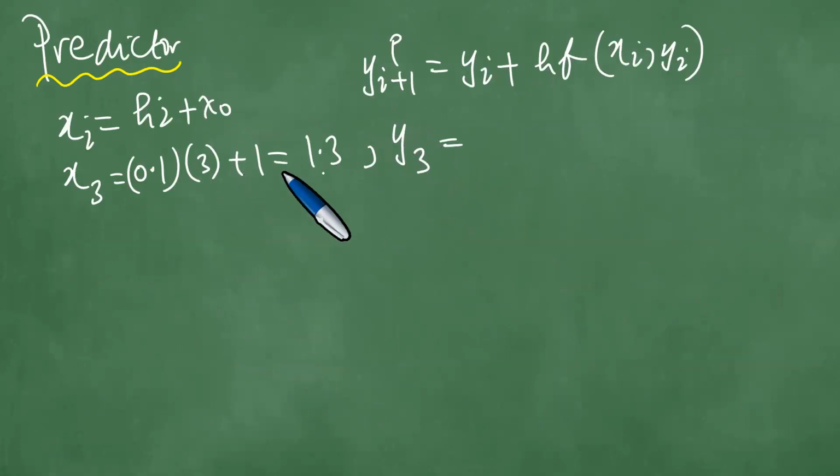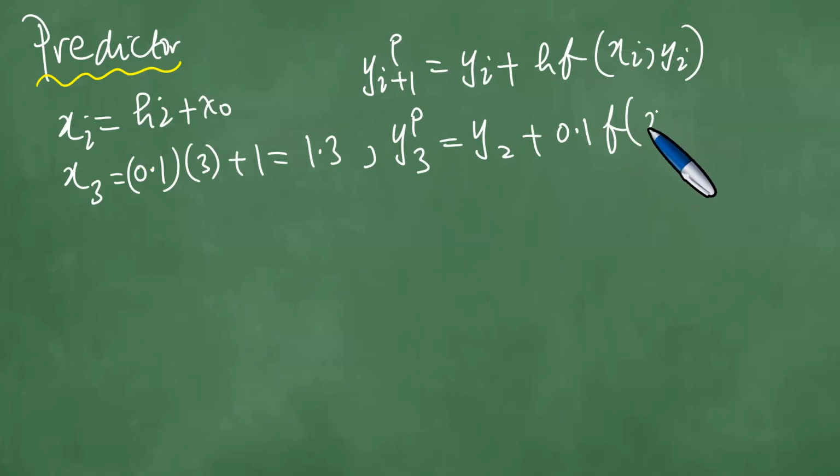Obviously at this point we need y3. So y3 predictor is going to be y2 plus h, which is 0.1, times f of x2, y2, since this occurs at i equals 2.